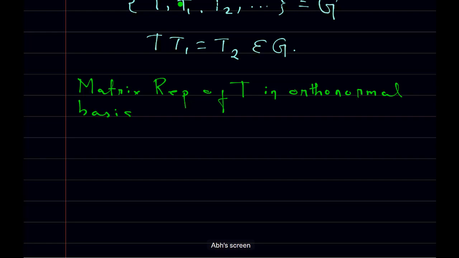Because you will see that the matrix representation of T in an orthonormal basis set takes a very simple formula, and because of that, whenever we work with a vector space, we try to form an orthonormal basis and work with it. This is what you might have heard in quantum mechanics, that we are continuously working with orthonormal bases. Why? Because things are very simple with orthonormal bases.